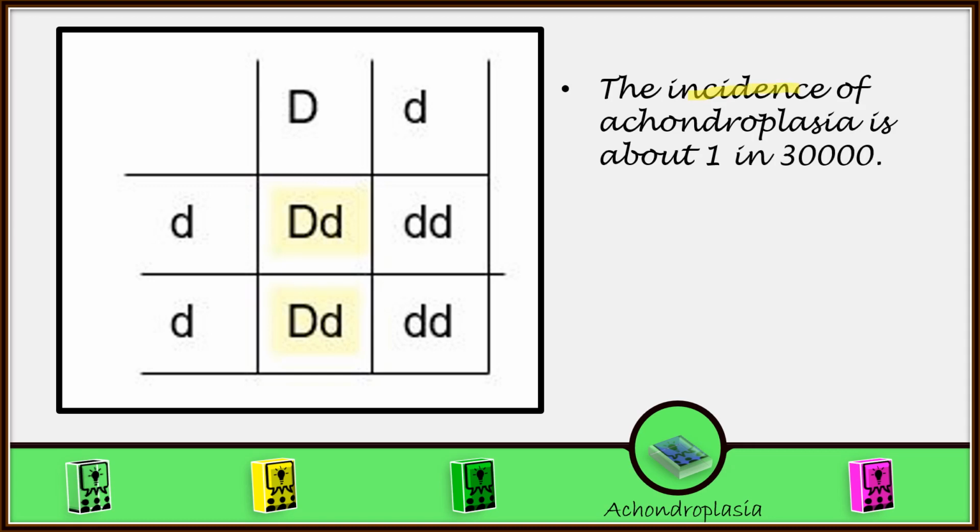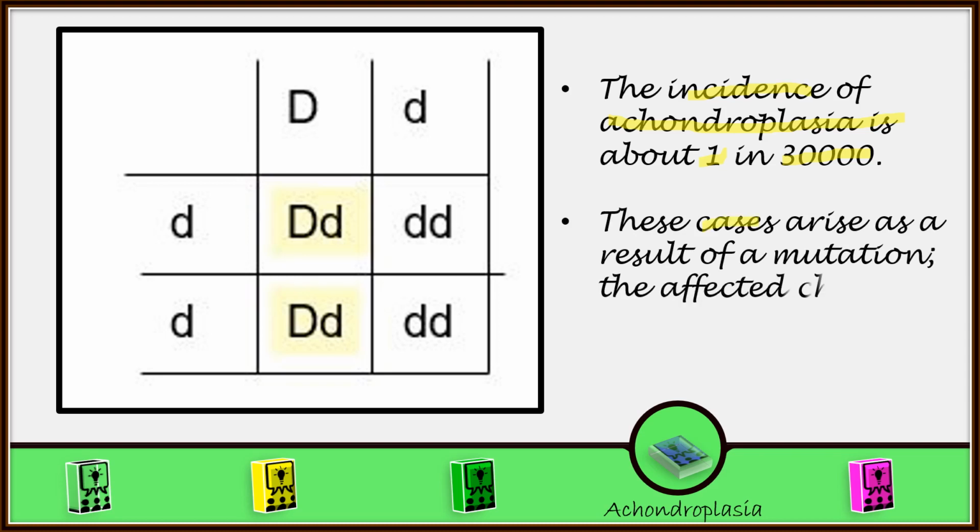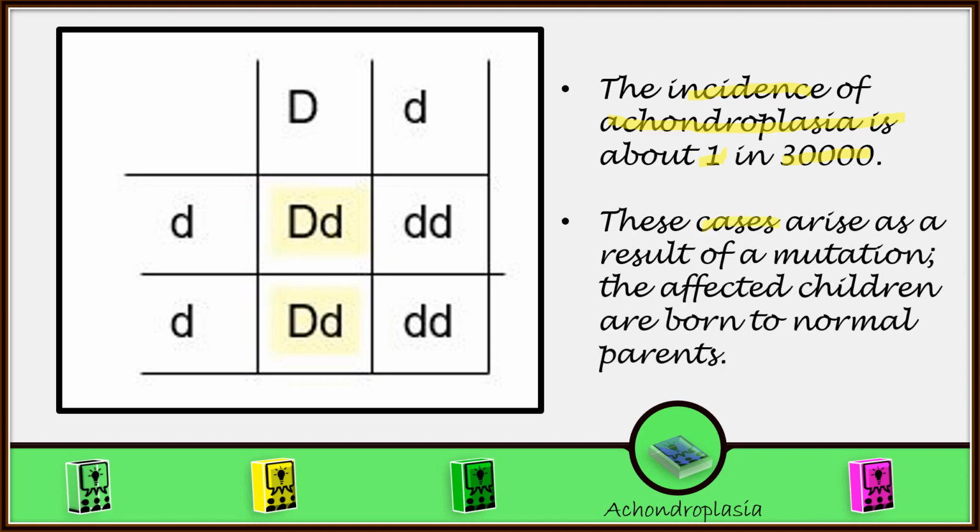The incidence of achondroplasia is about 1 in 30,000. These cases arise as a result of mutation.